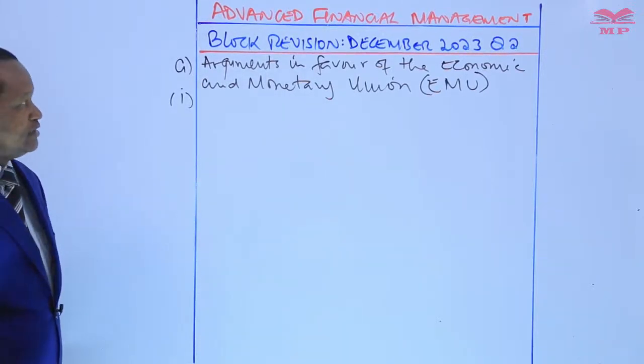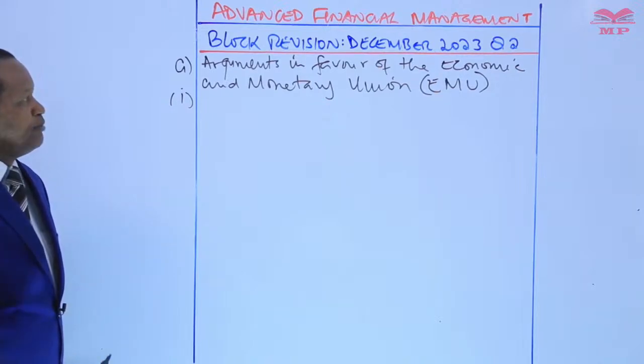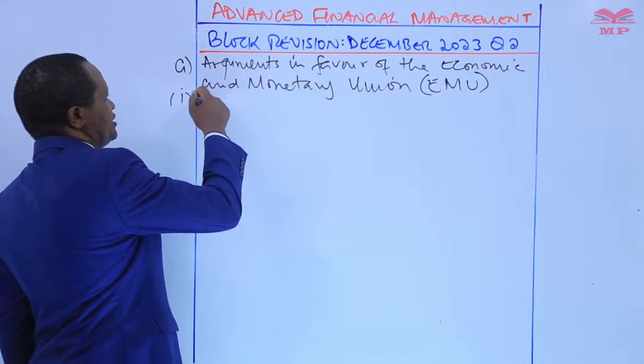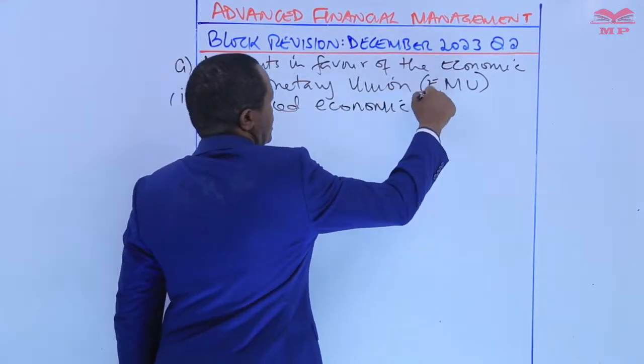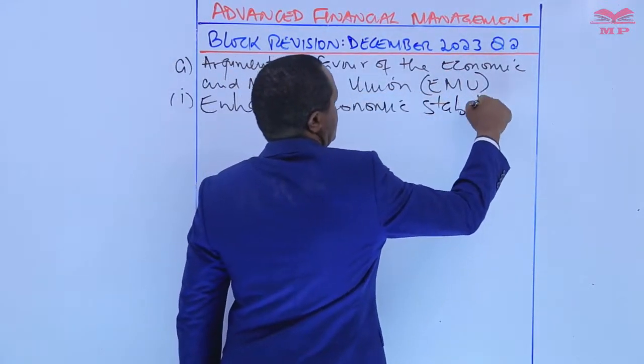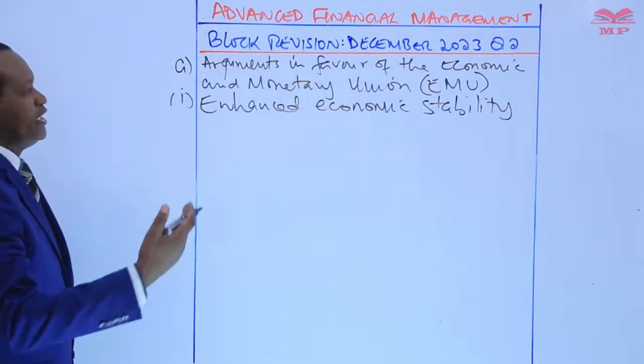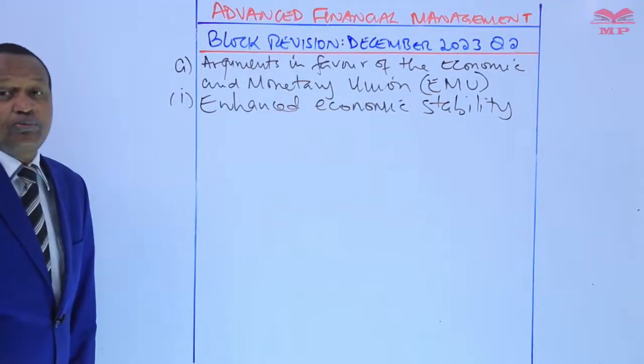economic stability. EMU led to enhanced economic stability. Such a union leads to increased economic stability.